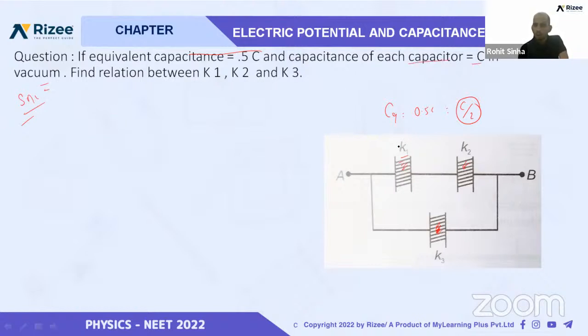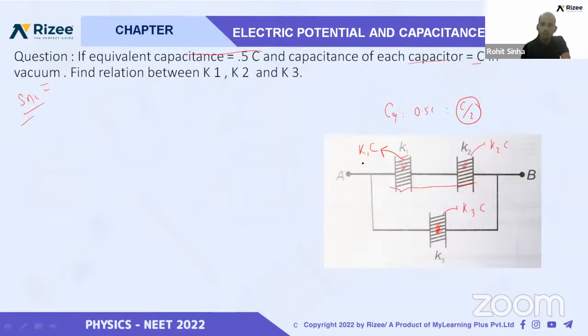Remember, if K1 is filled, it will become K1 into C. If K2 is filled, it will become K2 into C. K3 filled, it will become K3 into C. These two are in series combination.